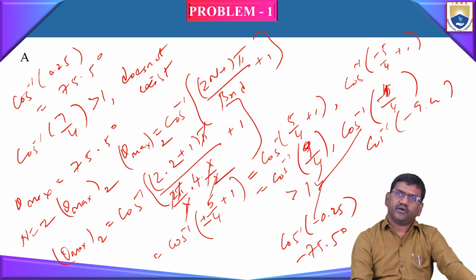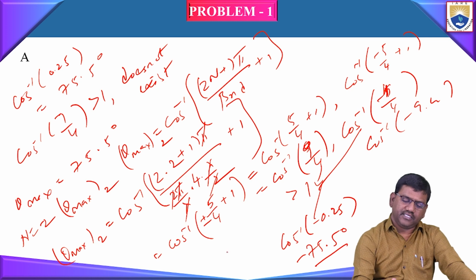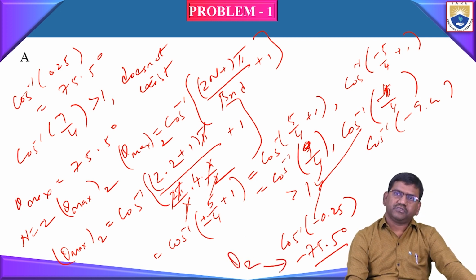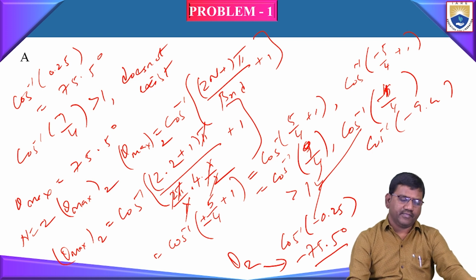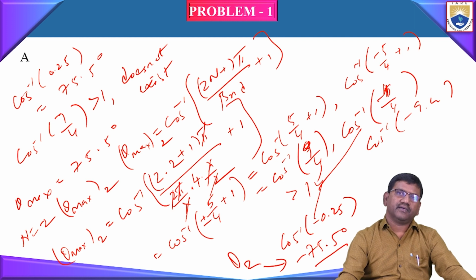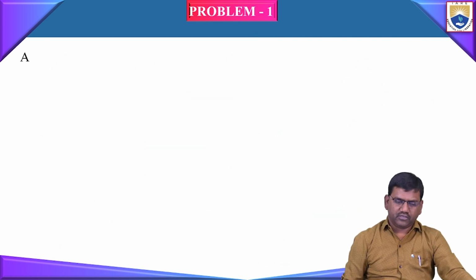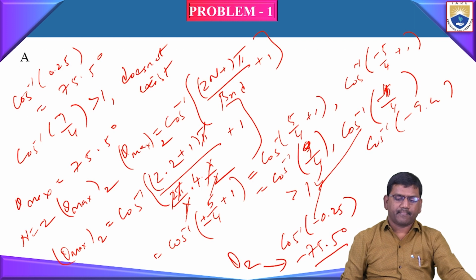So this is theta max 2 here. So theta max 2 is equal to minus 75.5 here. Like this we can find out the number of maxima by substituting n is equal to 1, n is equal to 2 here.